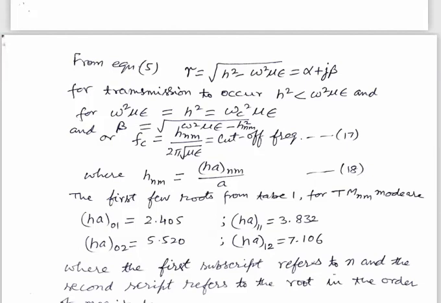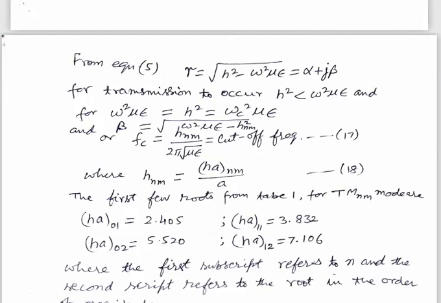So therefore, in the condition when the frequencies of wave propagation are such that omega square mu epsilon is equal to h square, the value of frequency omega is defined as the cutoff frequency, and then h square will become omega c square mu epsilon.